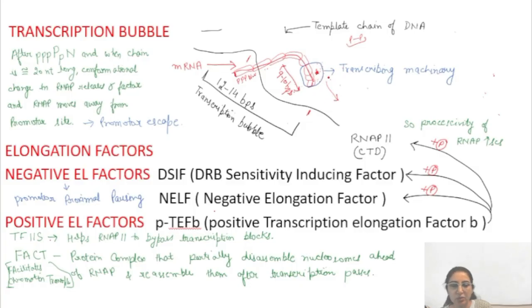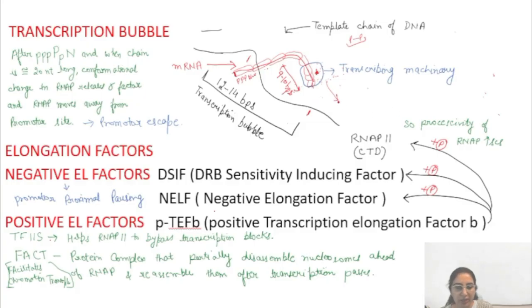This process is known as promoter escape, and this is needed for the beginning or speeding up of the transcription. After that, more and more nucleotides get attached to this molecule and we keep on elongating the RNA molecule.